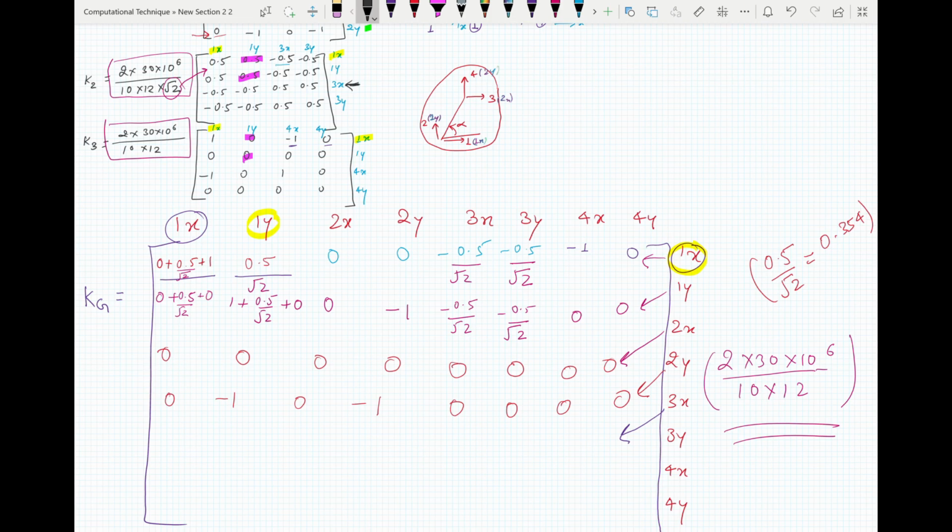Now what you get here is minus 0.354, minus 0.354, and then 0, 0. This one here, 3x, 3x, it will be 0.5 by that, so it will be 0.354, 0.354, and then 0, 0. For 3y, we have to look into this one.